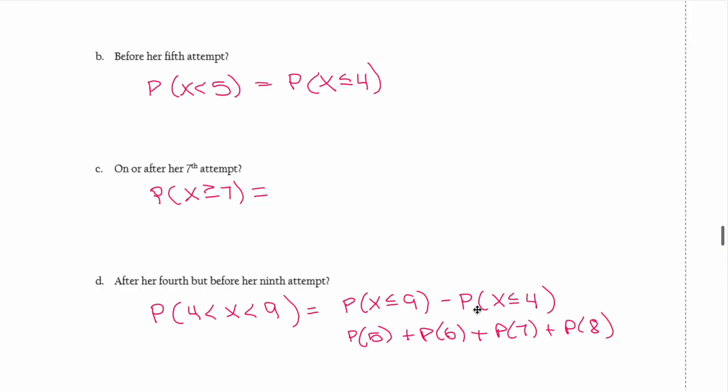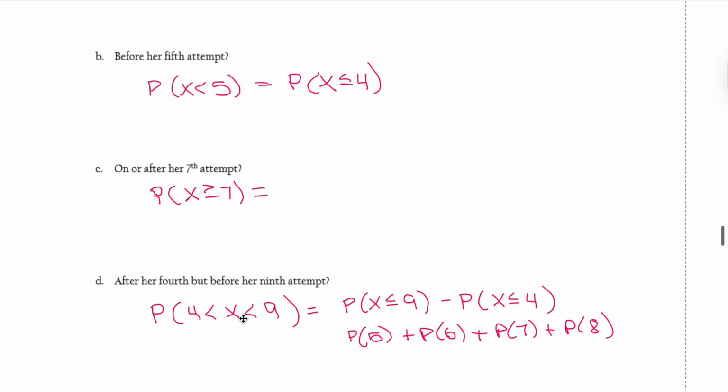I kind of divided it into two parts. X is greater than 4, so we use 1 minus probability of X less than or equal to 4, which is the same thing as probability of X greater than 4.